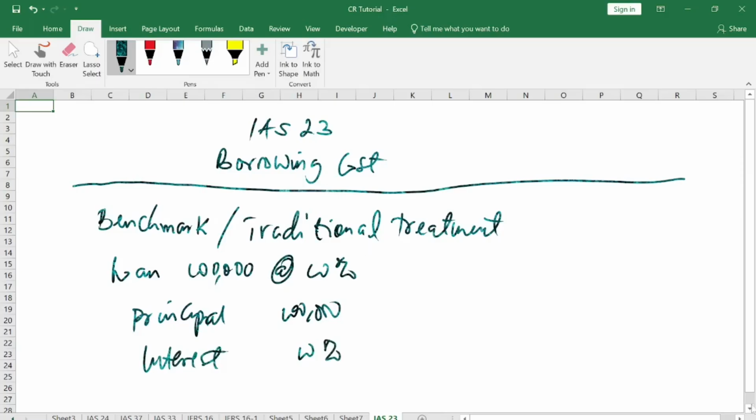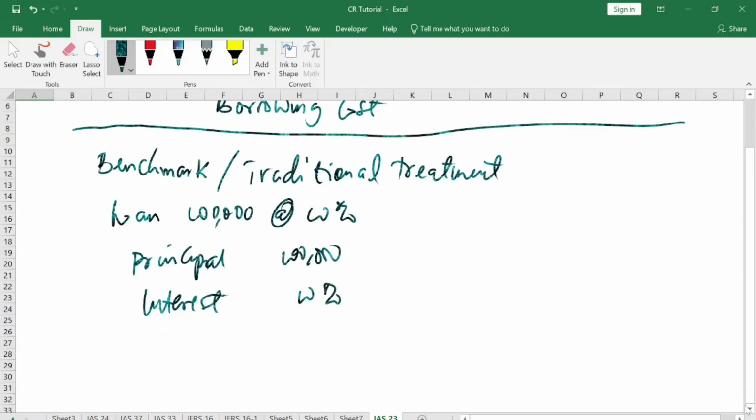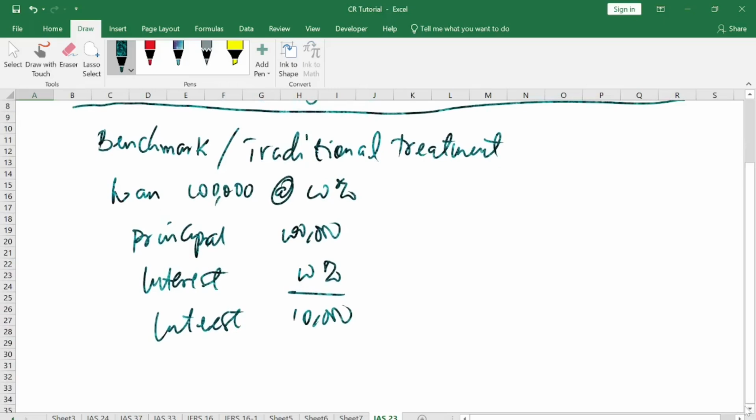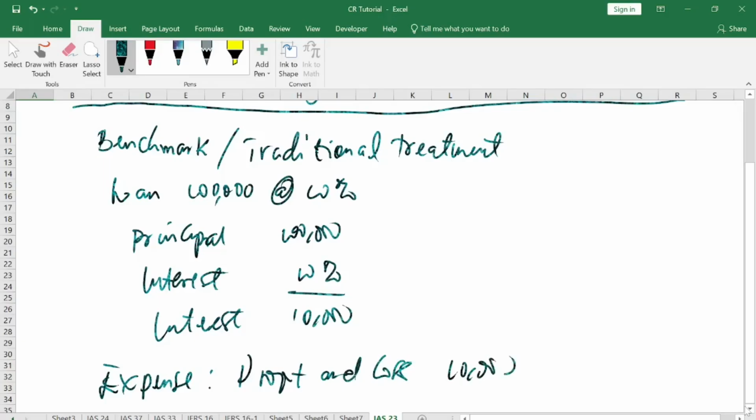So you have interest of 10,000, and this interest is expensed through the profit and loss account. This is what we call the benchmark or traditional treatment of borrowing cost.